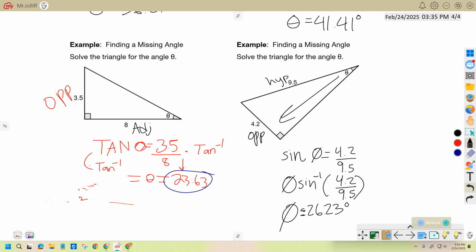What do you got? Oh, look at your trig function. And that's a good question. Why are we using sine here? SOHCAHTOA, sine is what over what? Opposite over hypotenuse. And those are the two sides that were labeled.